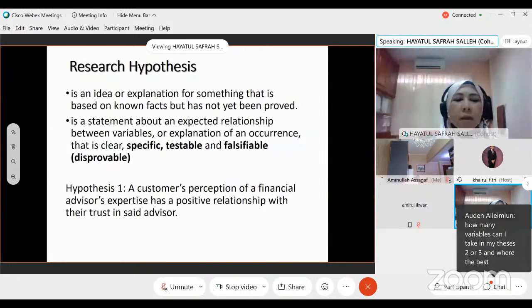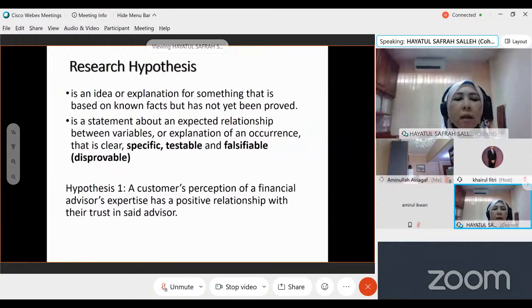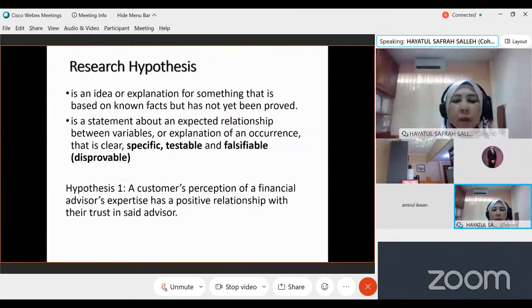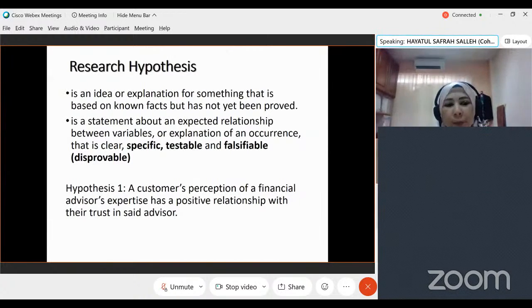And then disprovable, meaning that maybe your statement of hypothesis is a positive relationship, but when you analyze the data, the results say that there is no relationship at all.